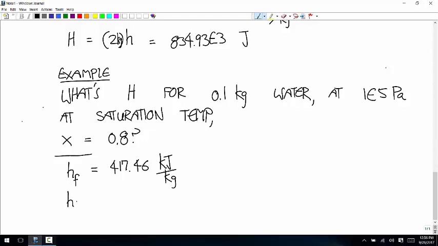The specific enthalpy for the vapor is 2,693.6 kilojoules per kilogram. It's a lot higher than for the liquid because the internal energy is a lot higher for a gas than a liquid.